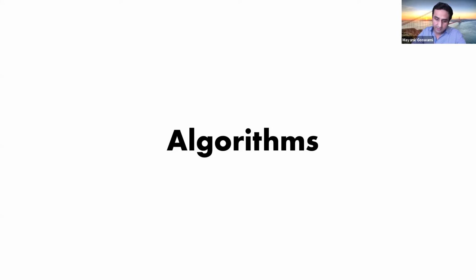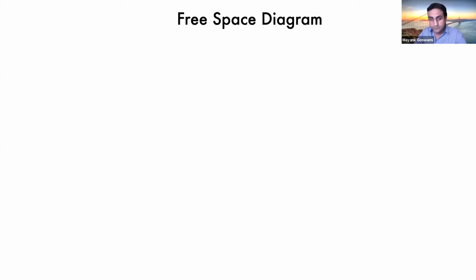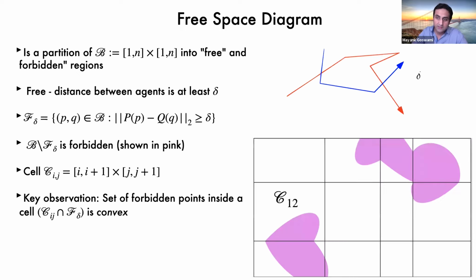And first, I'll talk briefly about algorithms. One of the most important things for algorithms in either the Frechet distance or for our setting also is the free space diagram. For those who haven't seen the free space diagram before, let's say you've got these are your two curves, and here's a parameter delta.